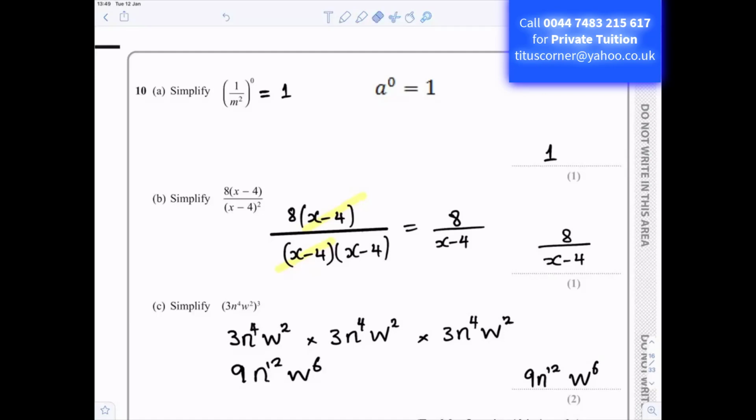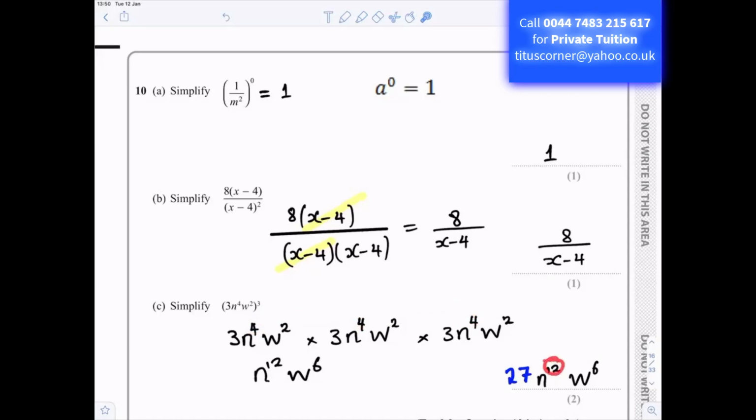Let's correct this because that's not 9. We have 3 times 3 times 3, which gives you 27. n to the power 4 times n to the power 4 times n to the power 4: you add 4 plus 4 plus 4. 4, 8, 12.